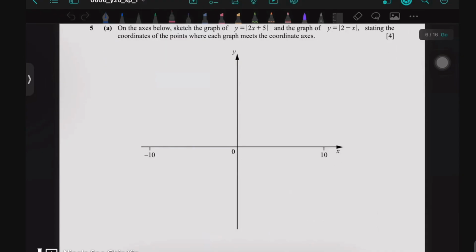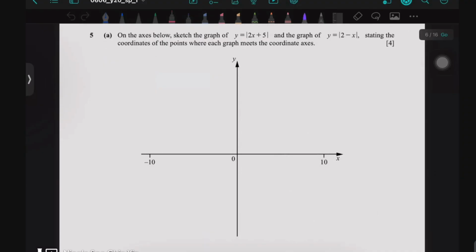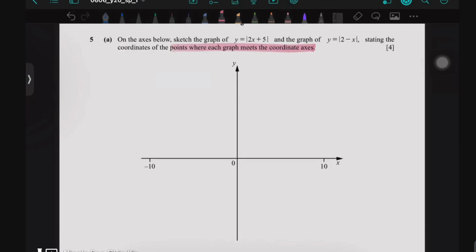Okay, next part, they ask you to sketch these two graphs, stating the coordinate of the point whereby each graph will meet the coordinate axis. Okay, they want the shape. Those who attend my MS class know I'm not going to use the normal way.